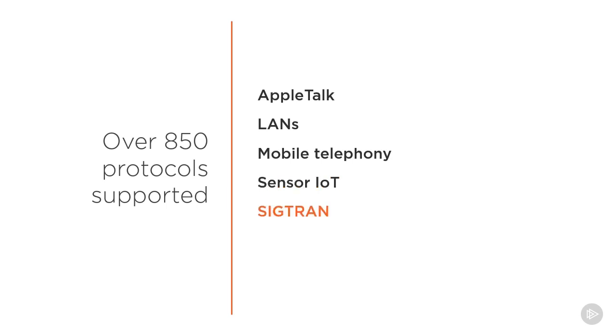SIGTRAN, which is used in some of the telephony networks to send PSTN signaling over an IP network. And of course the TCP/IP suite of protocols, which are so widely used in our enterprise deployments today, as well as our home networks. And that would cover, of course, IP, TCP, UDP, HTTP, ICMP, etc.